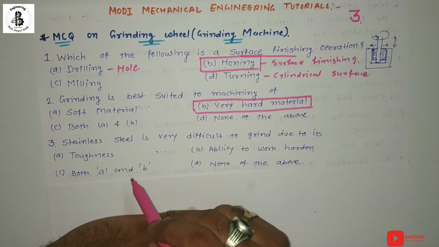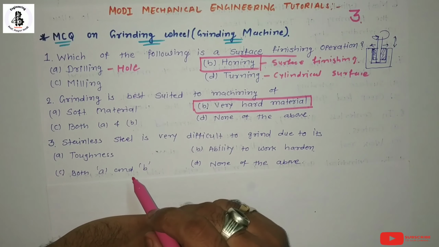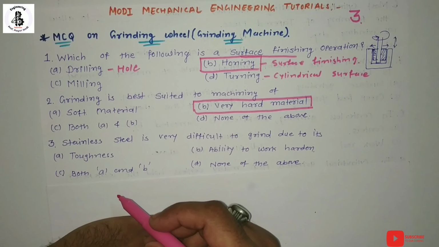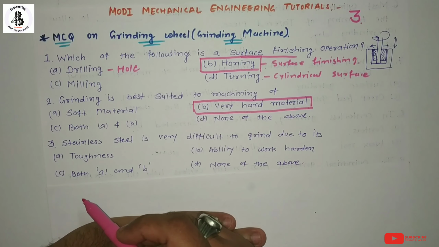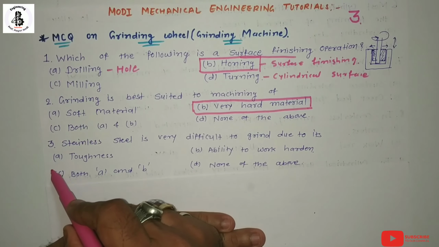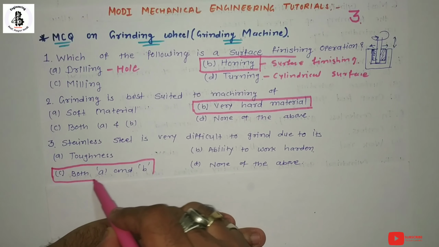Basically stainless steel falls in the category of toughness as well as ability to work harden. Stainless steel has such characteristics that make it difficult to grind. So the right answer is both toughness and ability to work harden, option C, both A and B.